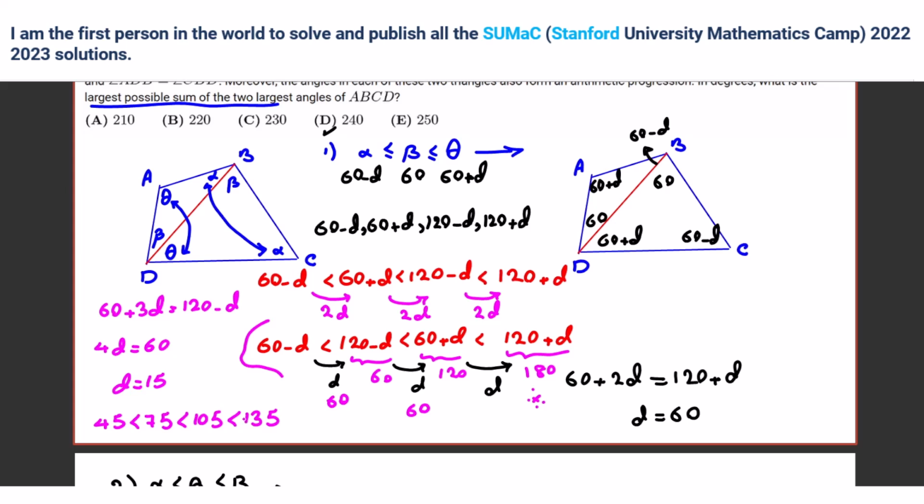It's good. And if we check this angle, D is 15, so this one is 75, this one is 45, this one is 45, and this one is 75. In this case, the sum of two cases will be 240. Now we should check the rest.